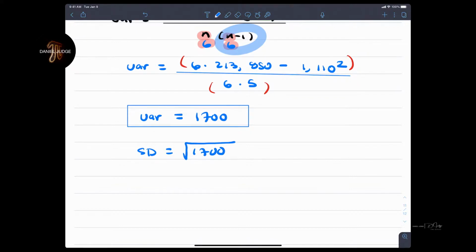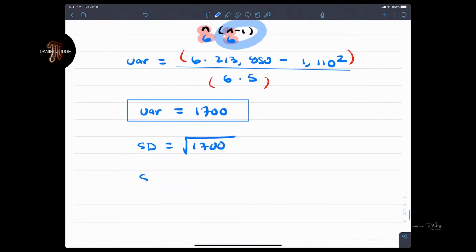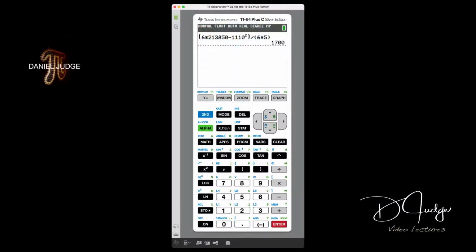It's exactly 1,700. The mathematician in me requires the equal. So square root of 1,700, if we go to the TI, to get the standard deviation, hit second, square root, second again, answer, because that keeps the prior answer in its memory.